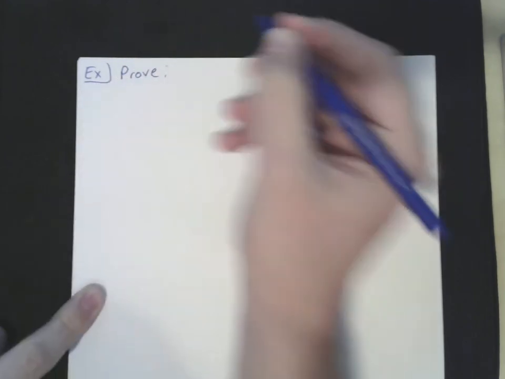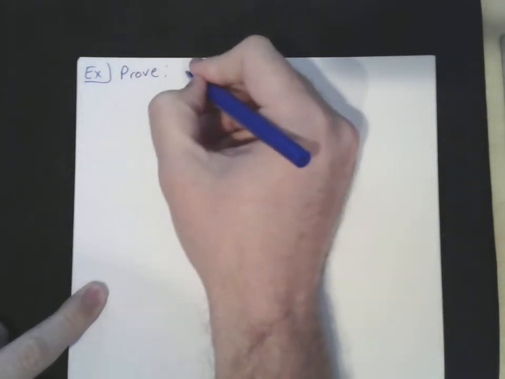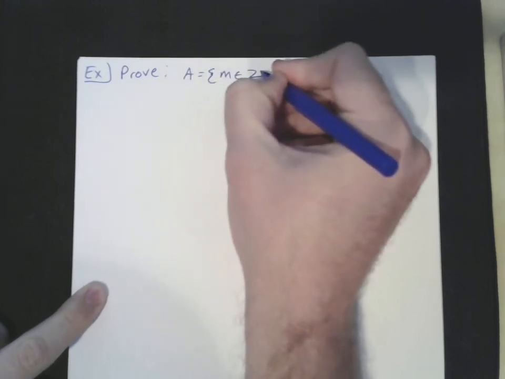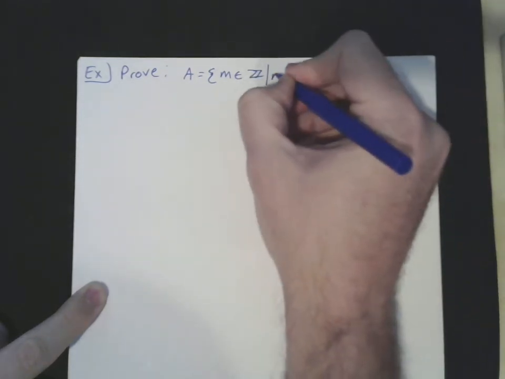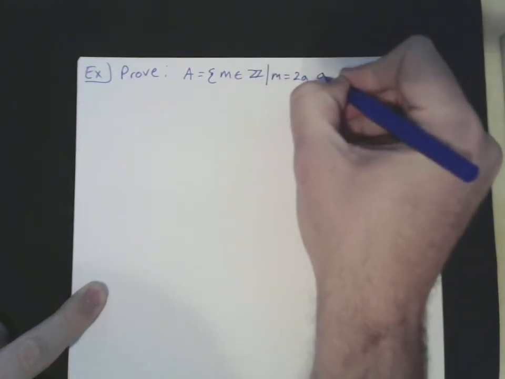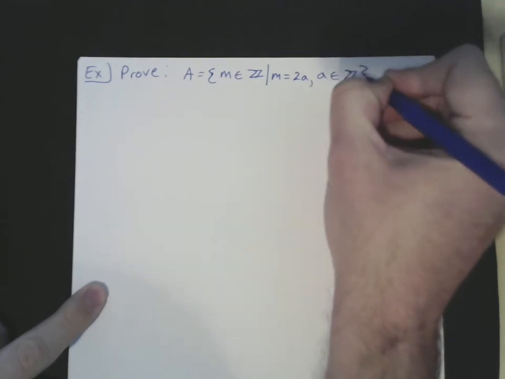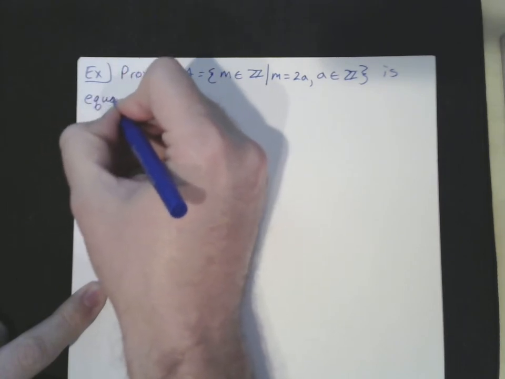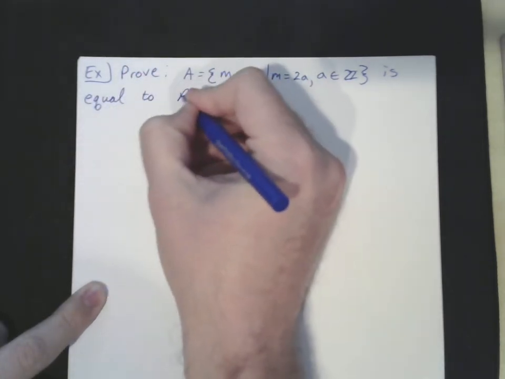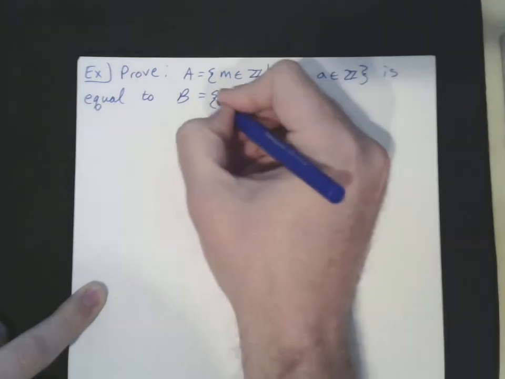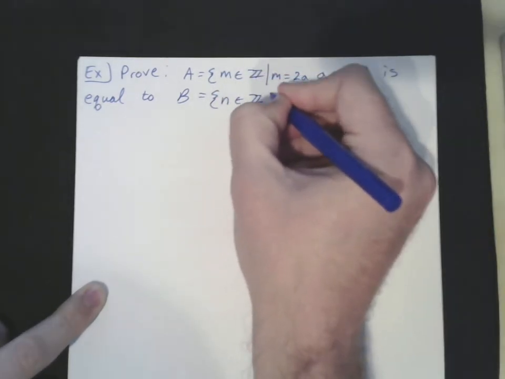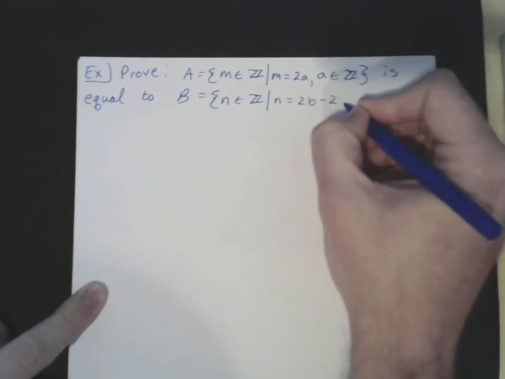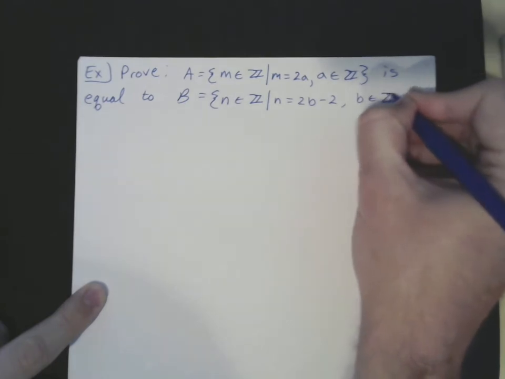So we are going to prove that A, which equals a set of integers m such that m equals 2a, where a is an integer, is equal to B, which is defined as the set of integers n such that n equals 2b minus 2, where b is an integer.